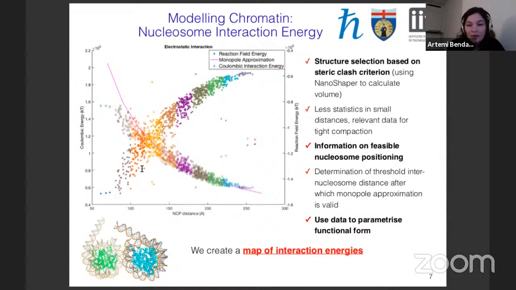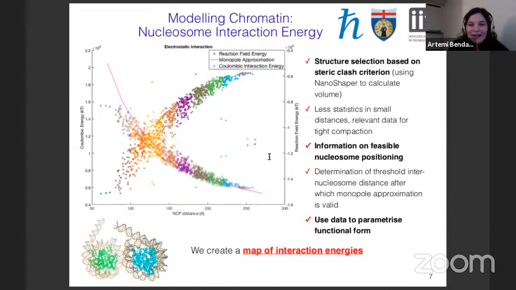So yeah, we were also able to determine a threshold after which the monopole approximation is valid. So we saw that basically the energy started following the monopole approximation, and we want to use this data to parameterize a functional form in order to be able to describe what electrostatics looks like in chromatin, basically. So this is why we wanted to create this map of interaction energies between nucleosomes.